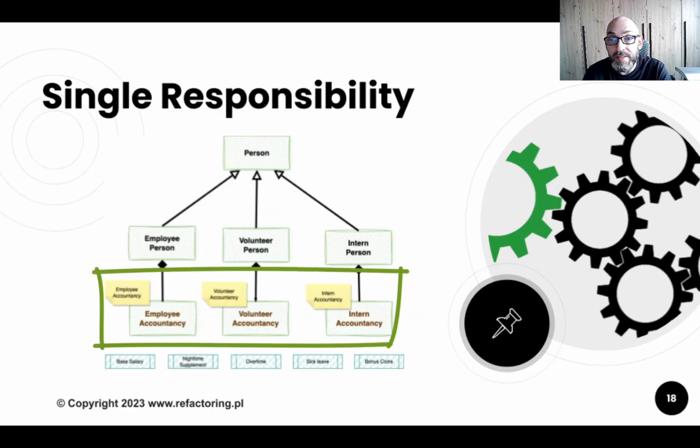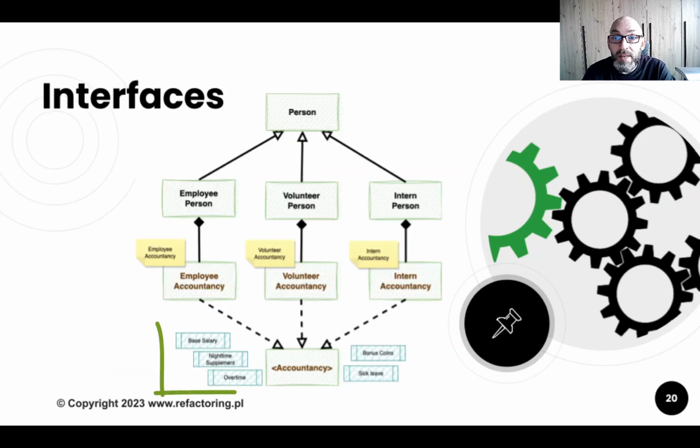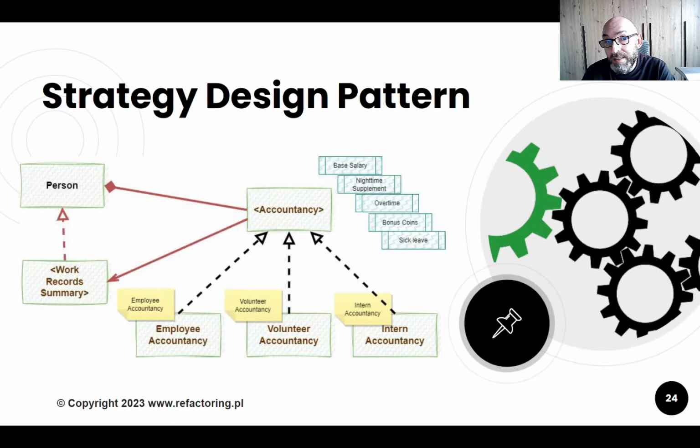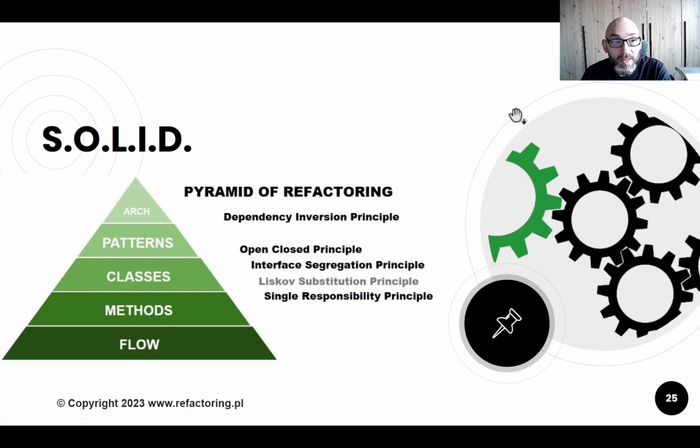We began with small classes by applying single responsibility principle. These small classes became hidden by interfaces when we applied interface segregation principle, and now we found the emerging design pattern. Have a look.